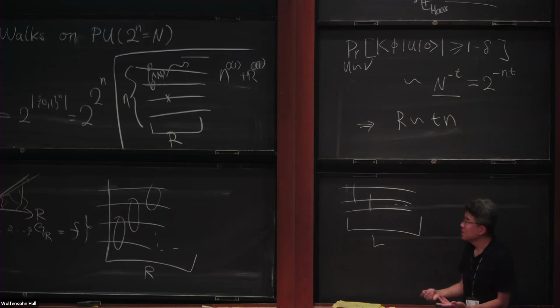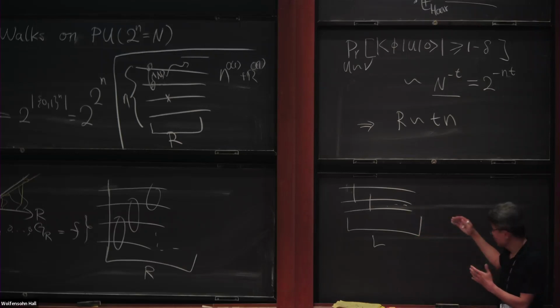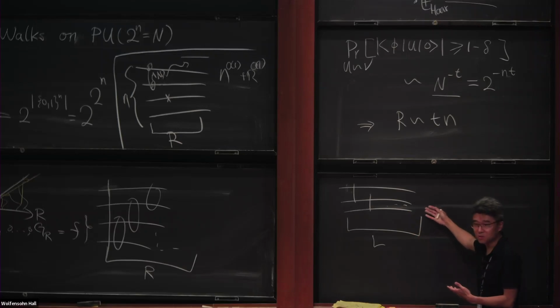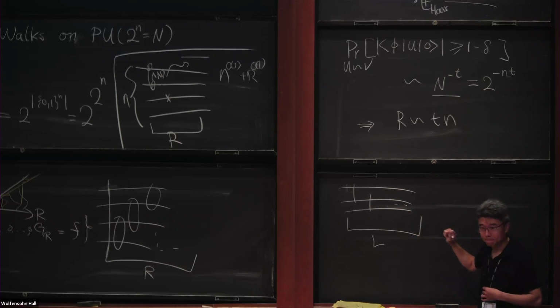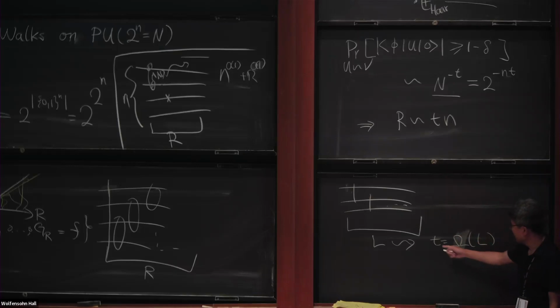And I ask, what's the largest possible value of T such that this defined distribution satisfies the definition of T design? It turns out that the parameter T can be as large as L, theta of L. You really need to show that this generic circuit is a T design.